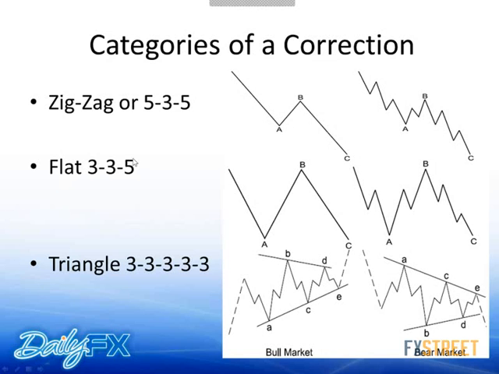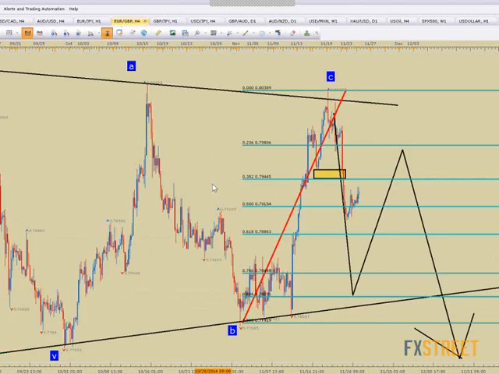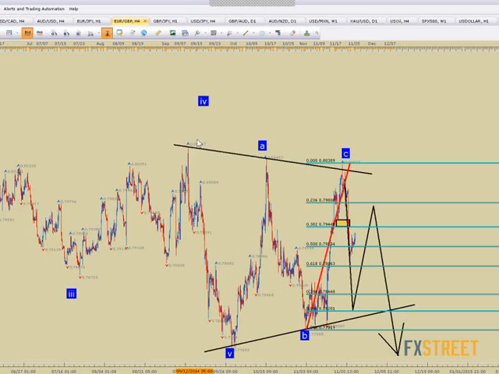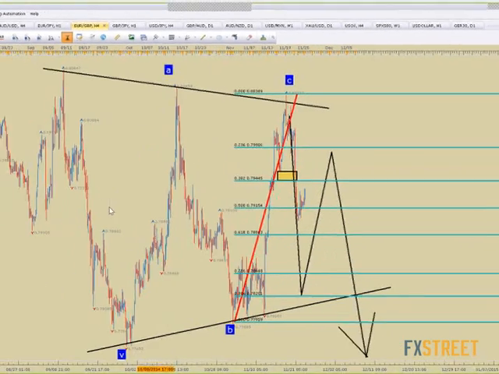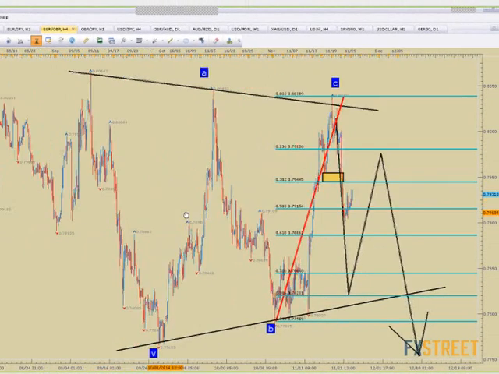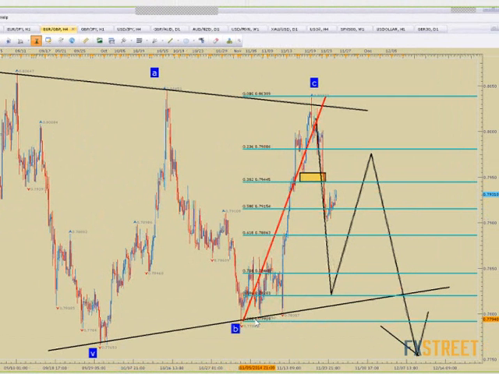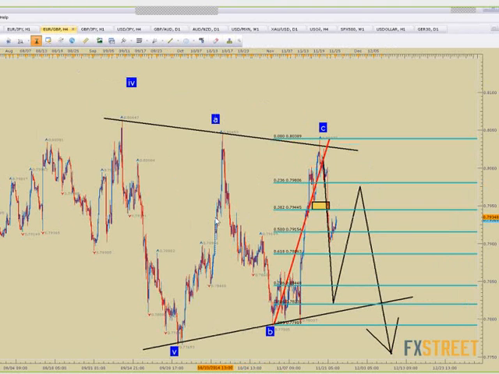Another triangle I haven't shown you guys is Euro-Pound. And it looks quite simply like we have this type of move, a triangle happening. Now, back to breaking B, it would take a break of this 77.88 to look like we're moving back to the downside.